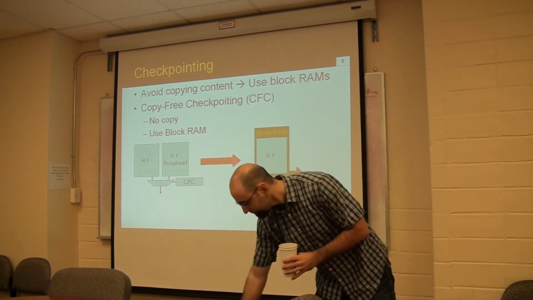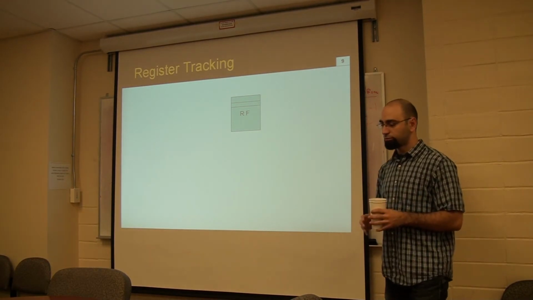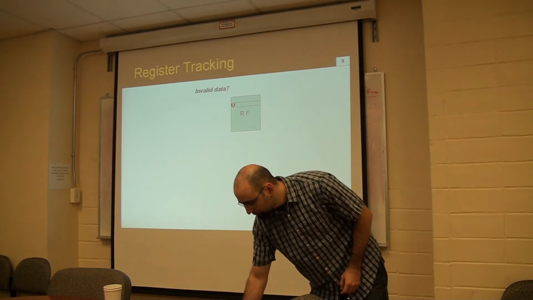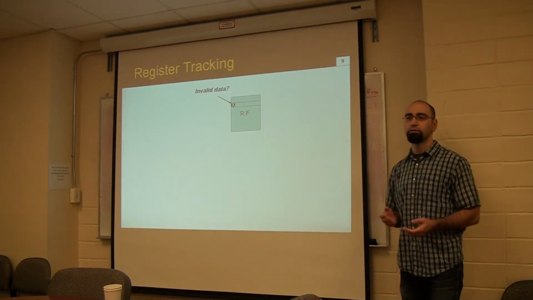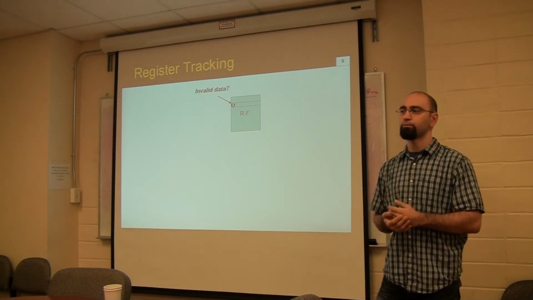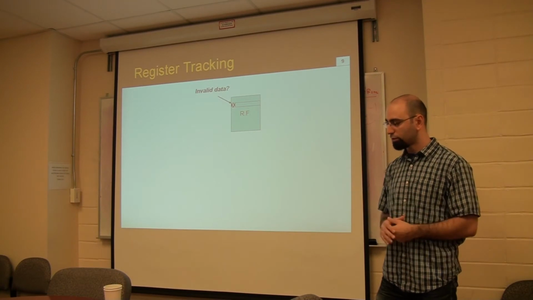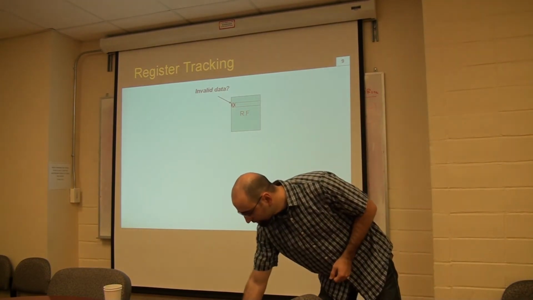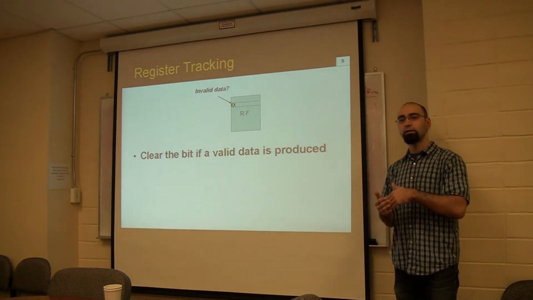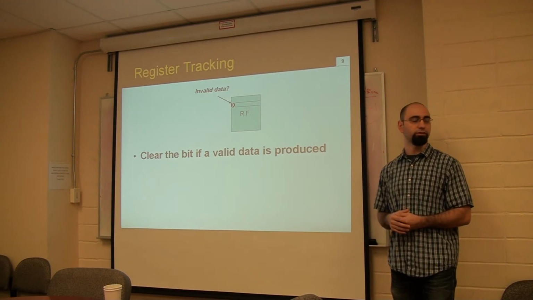Now for register tracking, it's a simple tracking of valid data, valid bits. For every register, we put a 1 bit saying whether that is invalid data or not. So if initially we have a load that missed, we mark that register that was being produced by the load as an invalid register, and then any subsequent instruction that uses that data and also produces data has its destination register marked as invalid.